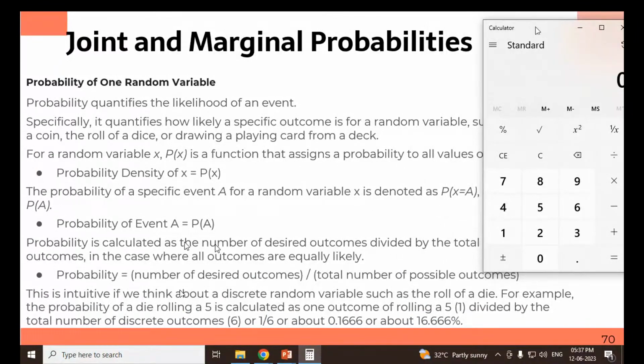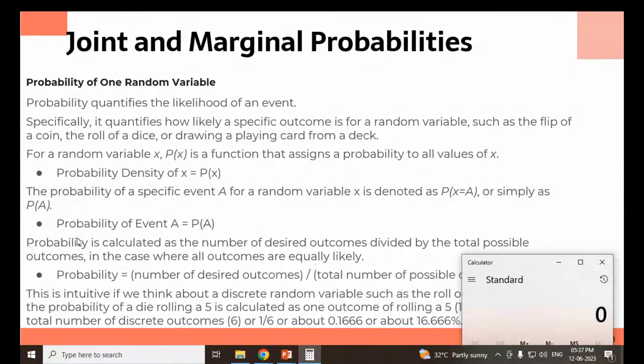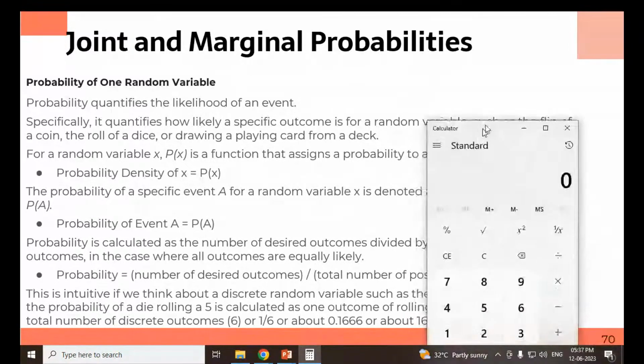The desired outcome is the outcome you wanted, divided by the total number of possible outcomes.